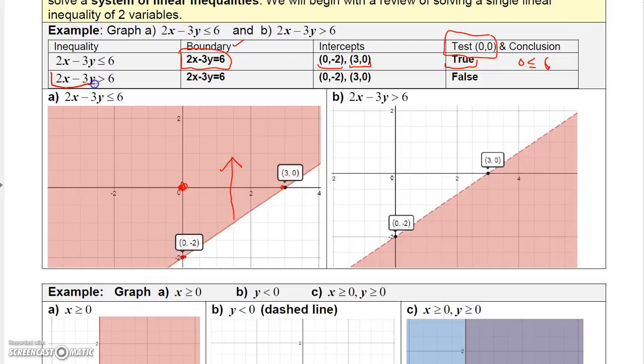Now my second example uses the same boundary. So I'll use the same intercepts, 0, negative 2, and 3, 0. But since it doesn't have the equal to, notice I drew a dashed line. So I would have a dashed boundary. Now, again, I can test 0, 0.